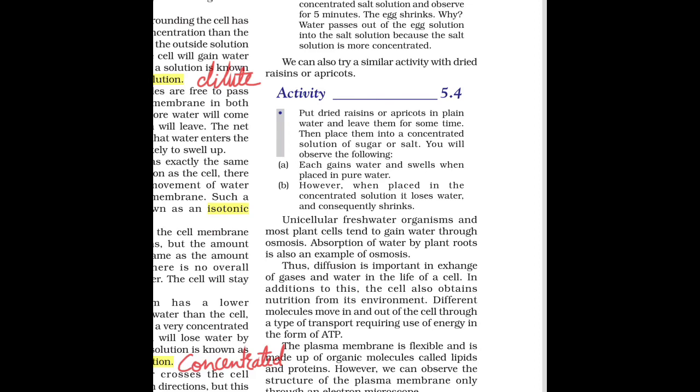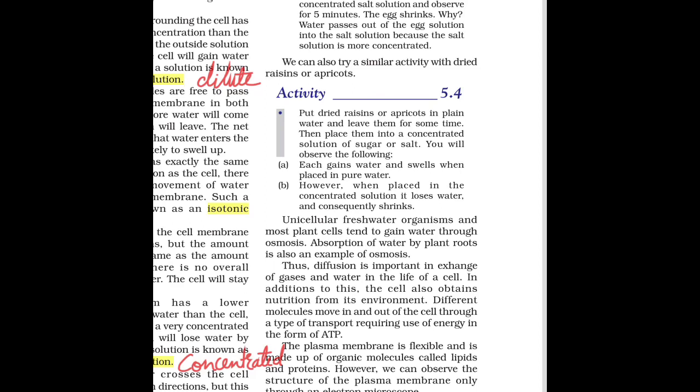Now, unicellular organisms also undergo a similar process because they are a single cell. Unicellular freshwater organisms and most plants tend to gain water through osmosis. Absorption of water by plant roots is also an example of osmosis. Thus, diffusion is important in the exchange of gases and water in the life of a cell. In addition to this, the cell also obtains nutrition from its environment.